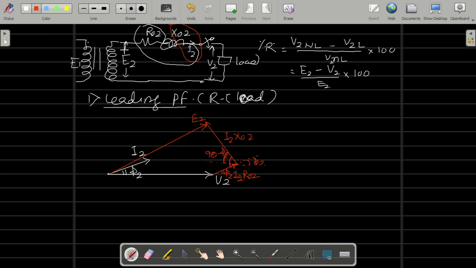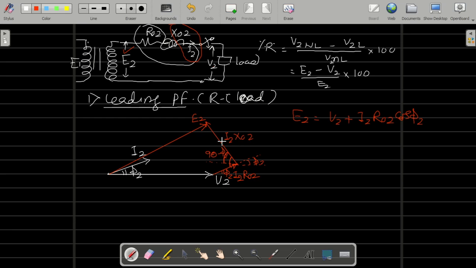Okay, so what can we write? Can we say E2 equal to this voltage? E2 equal to V2 plus this. The horizontal component of this will be I2 R02, capital R02. And the horizontal component of this will be cos phi 2.